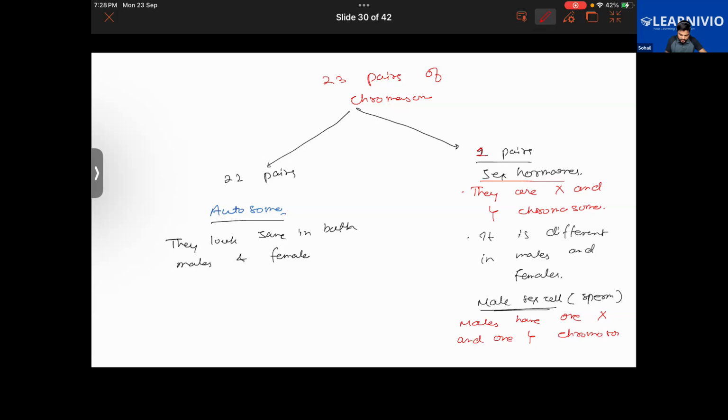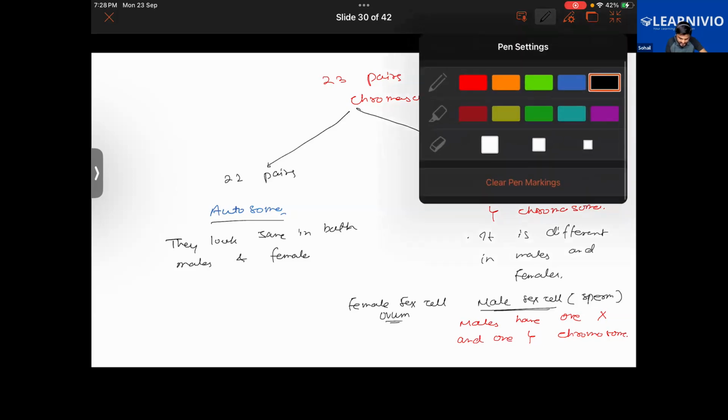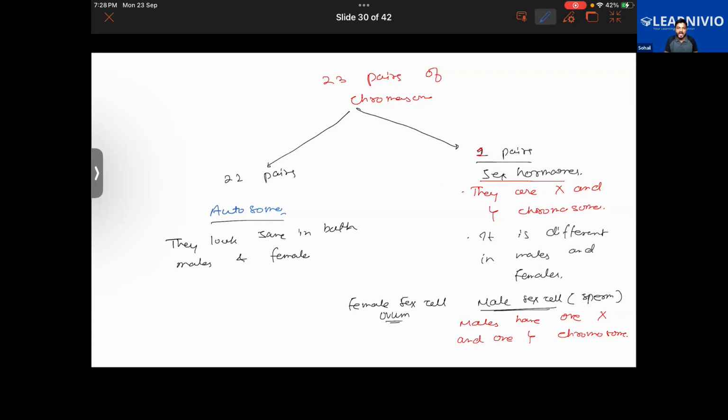Getting it now? Furthermore, when we look at the female sex cell, what is the female sex cell? Ovum. Good. So the female sex cells have two copies of the X chromosome. So females have two copies of the X chromosome. Okay.